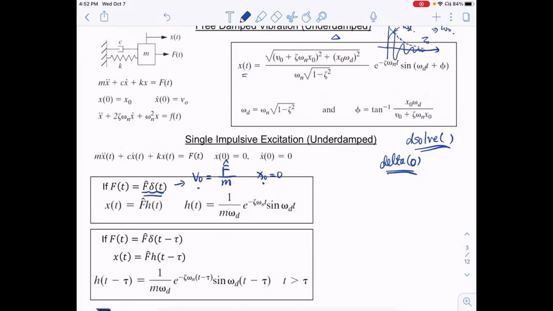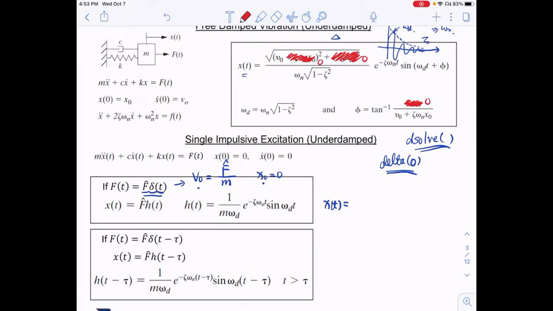So what you have is your x(t) will be, if you look at here, your x naught is 0. So let me erase all the 0 terms. That's going to be 0. This is 0. And then if you look at the phi term, the top is 0, right?